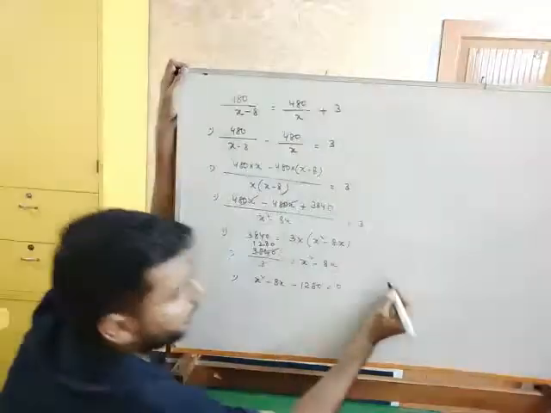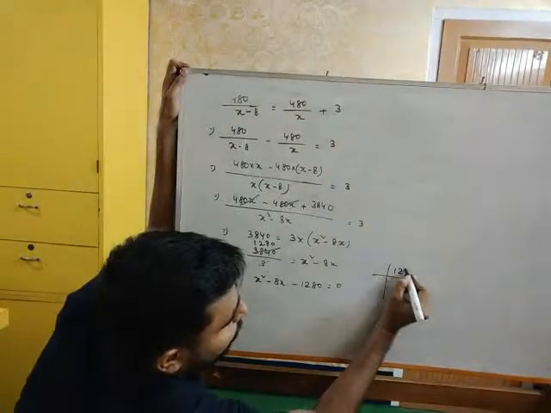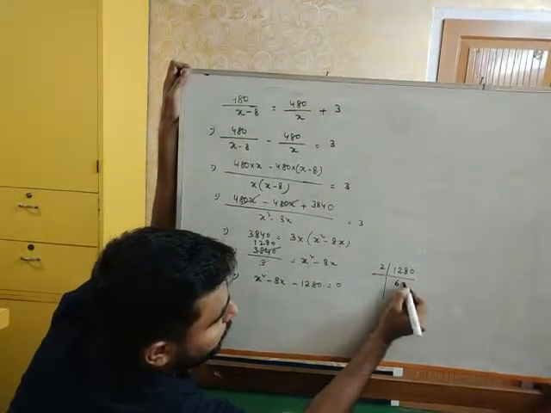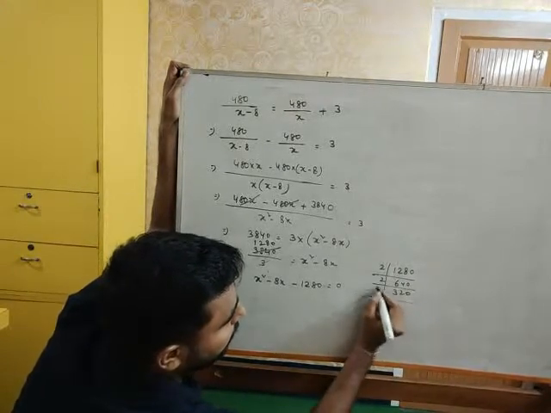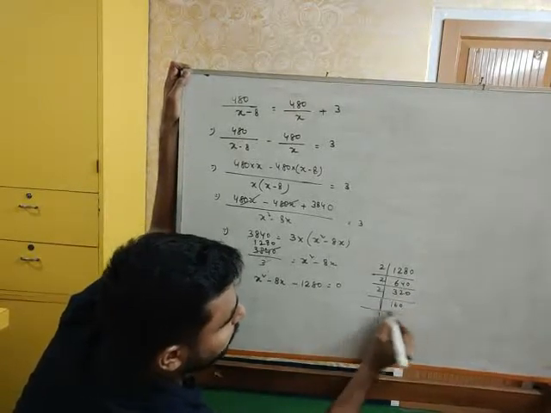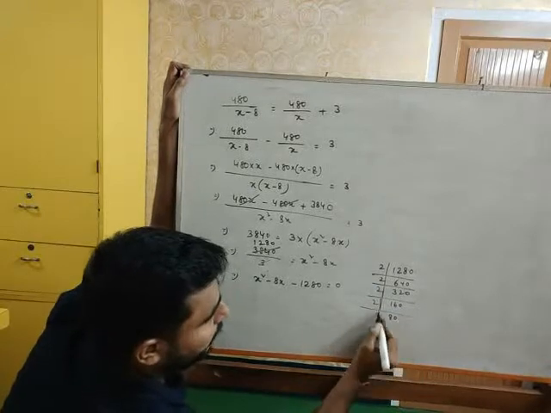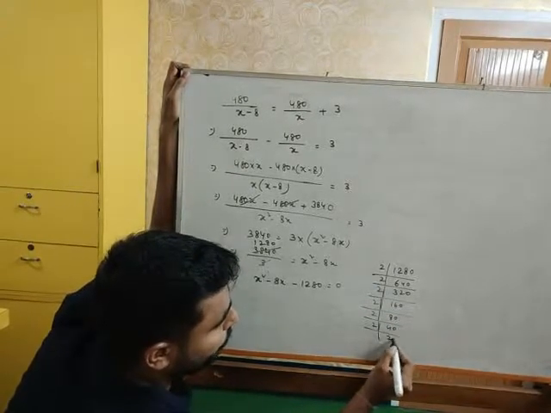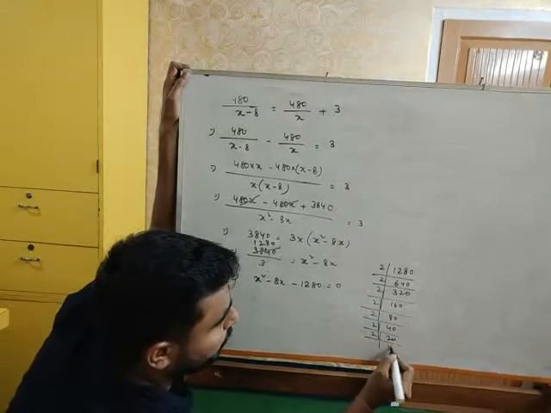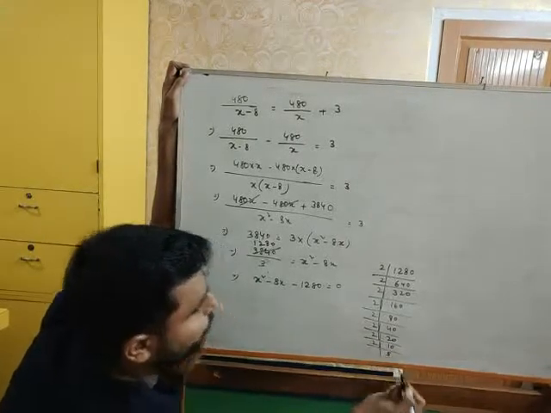Now we need to find the factor of 1280. 2 times 640, in the table of 2, 320, in the table of 2, 160, in the table of 2, 80, in the table of 2, 40, in the table of 2, 20, in the table of 2, 10, in the table of 2, 5 times.